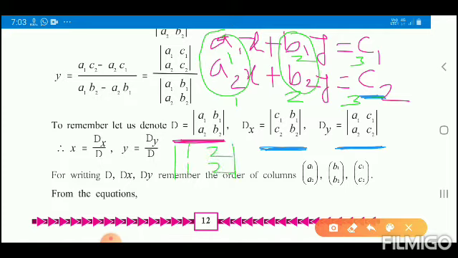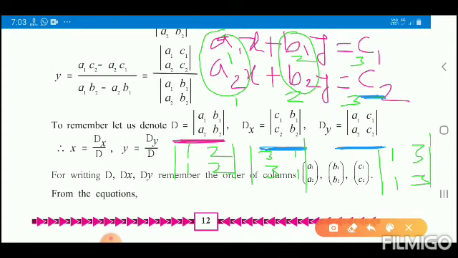Then for the second column, for x, which numbers do you have to keep in mind? And for the last column, which numbers? These are the numbers 12, 31 and 13. In this way also you can keep it in mind.